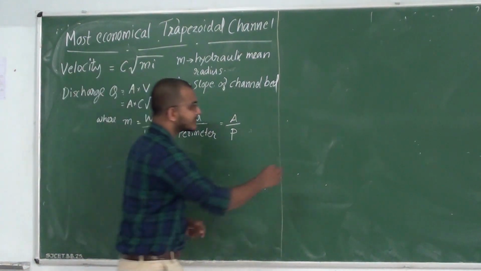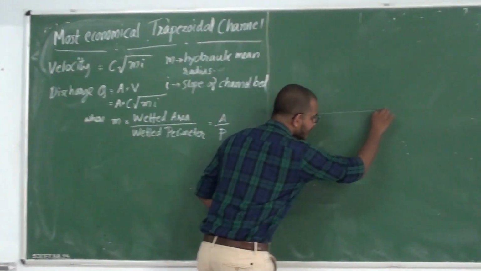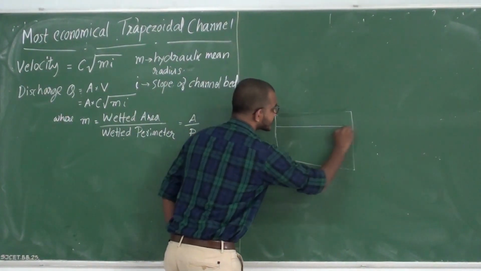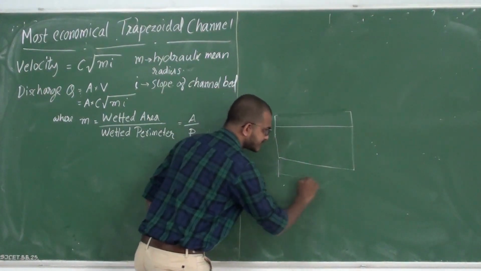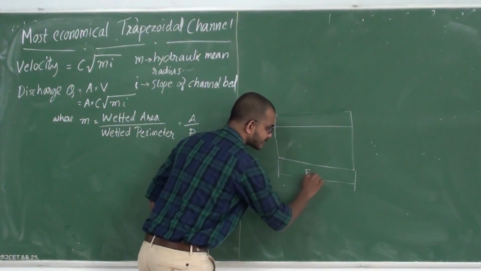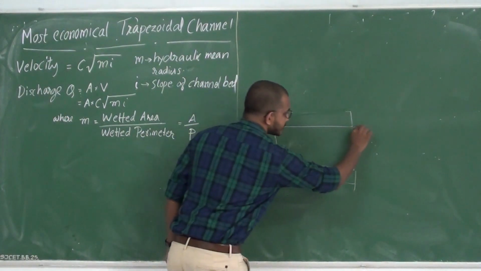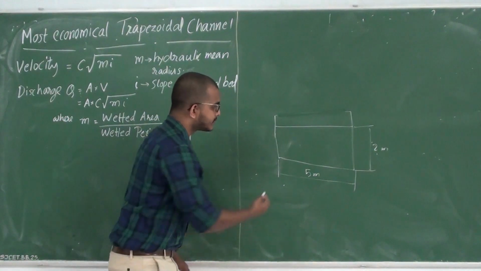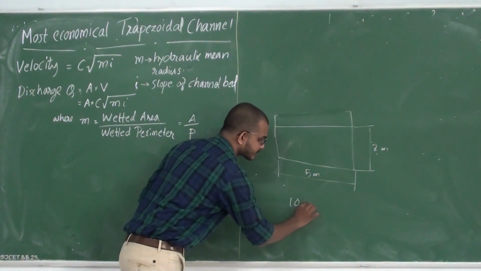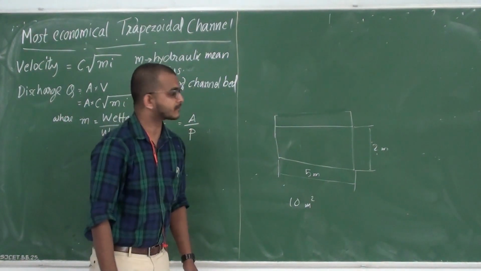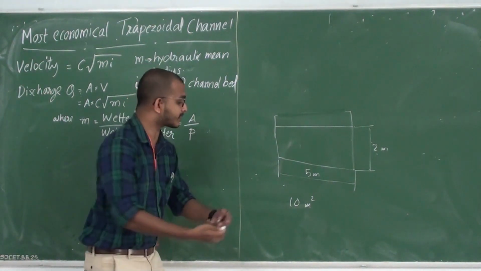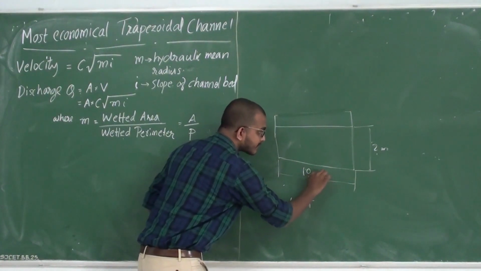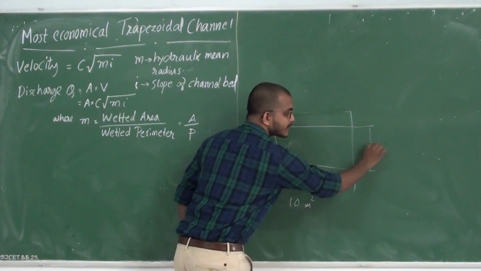For an example, let us think about a rectangular channel whose width is 5 meter and the height is 2 meter. That means the flow area here is 10 meter square. But we can have a different combination where area is 10 meter square: the length can be 10 meter and the depth of flow can be 1 meter.